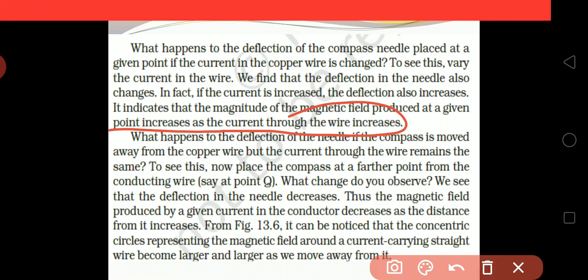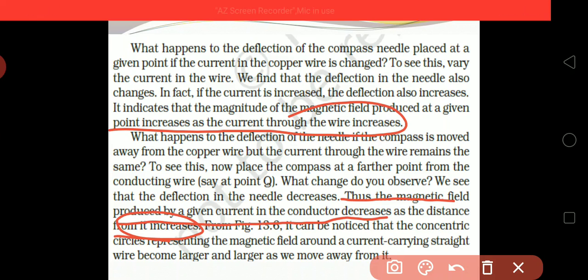Thus, the magnetic field produced by a given current in the conductor decreases as the distance from it increases. So from this we can say that the magnetic field produced by a given current in a conductor decreases as the distance from it increases.